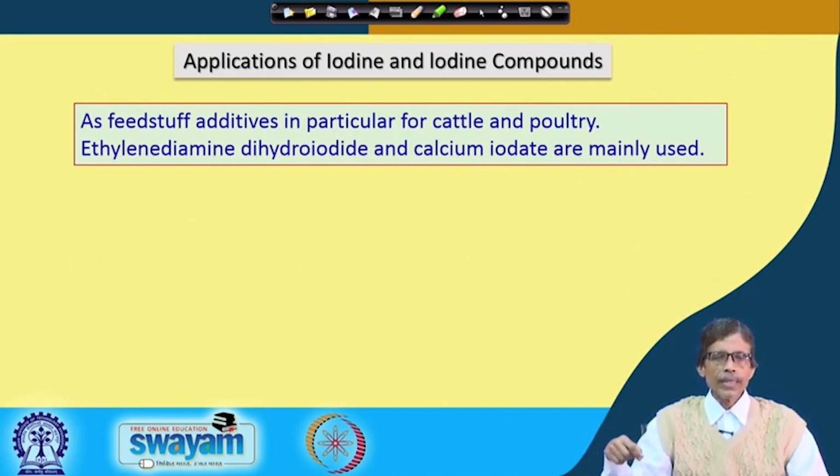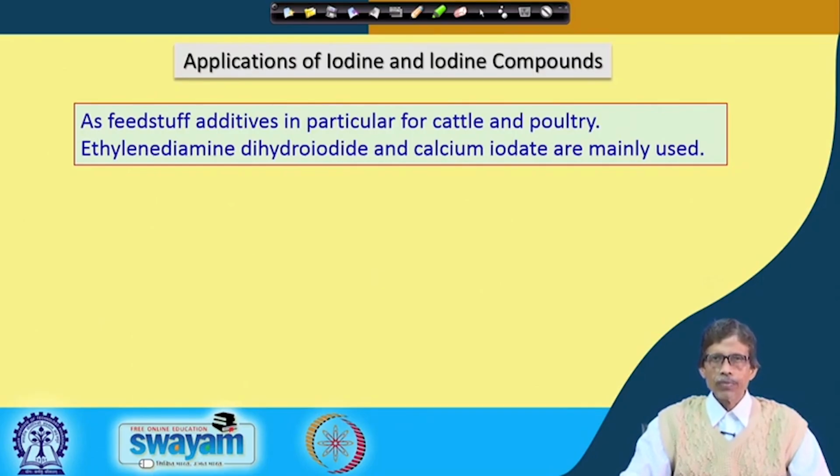Similarly, ethylene diamine dihydroiodide is nothing but a hydroiodic salt of ethylene diamine. Ethylene diamine is a dibasic amine, which is NH2CH2CH2NH2. That ethylene diamine, which is a liquid, can form a salt with any acid. It can form a salt with hydrochloric acid, with hydrobromic acid, and similarly with hydroiodic acid.